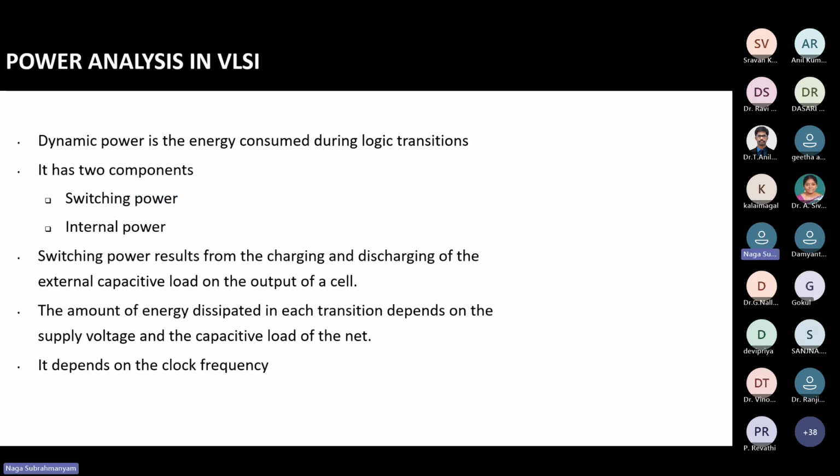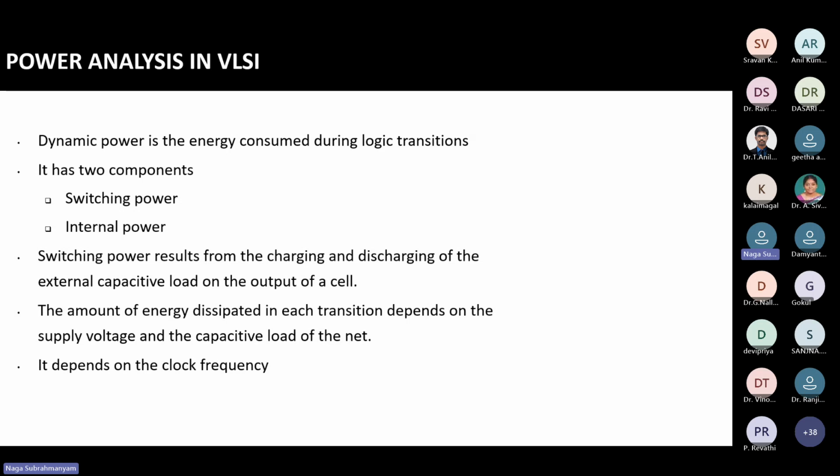So what is dynamic power? Dynamic power means switching from one power level to another. It can be increased or decreased. There we struggle a lot in terms of capacitive loads. And the entire chip is not working on one frequency.